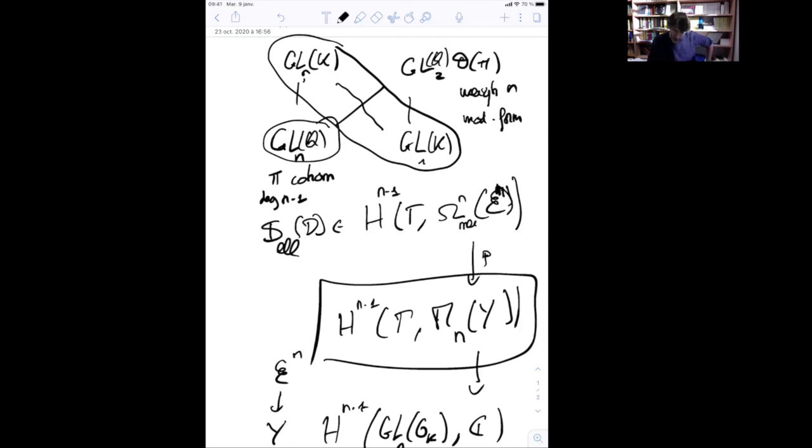Yeah, at that level, yes. We haven't written it, but this should follow. Let me think.